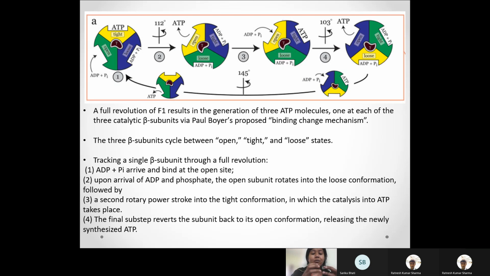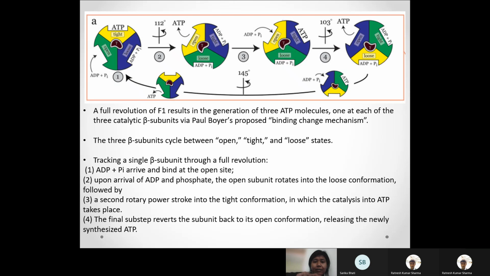A loose state is where, in an empty pocket of the active site, the ADP and PI go and bind. And a tight state is such a conformation which is actively catalyzing the formation of these bonds so that ATP is produced. So ATP is bound to this tight state.